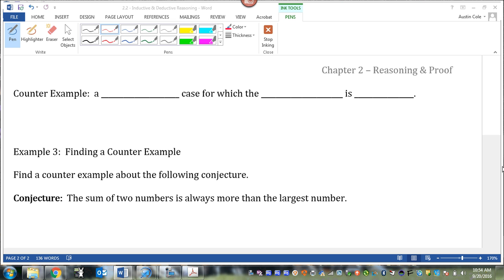You're right. So a counterexample is a specific case for which the conjecture is false.